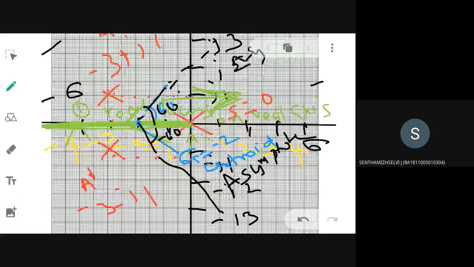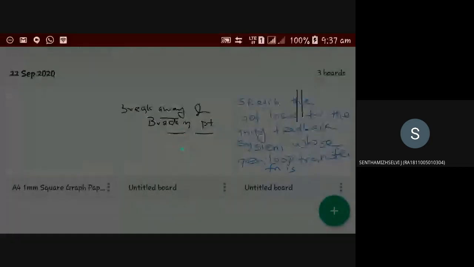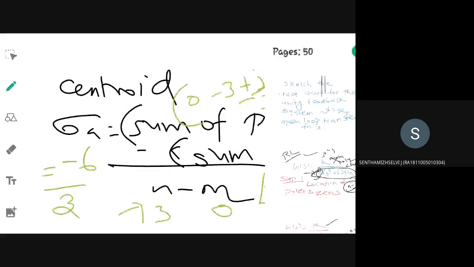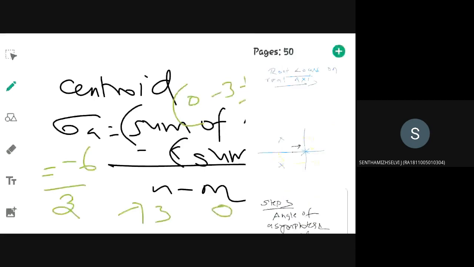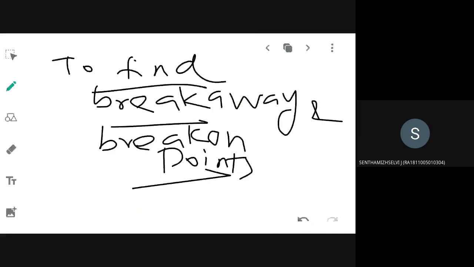Okay, so let us move on to step number 4, to find whether the system is having any breakaway or break-in point. Whether the system has any breakaway or break-in point, you are going to find out.